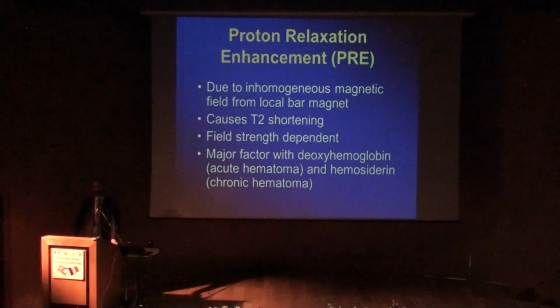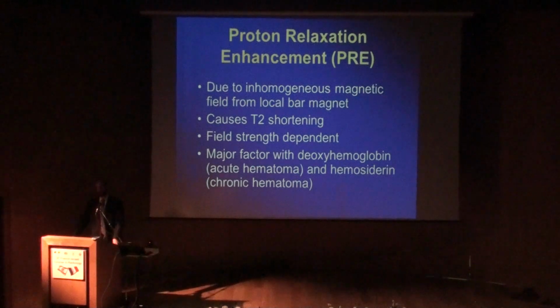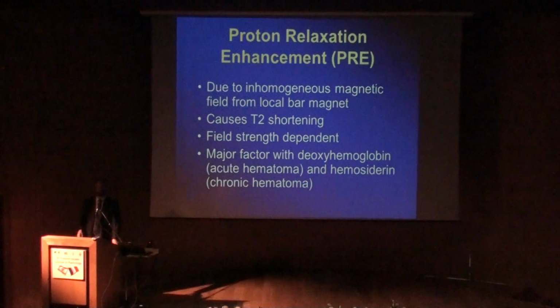When we talk about susceptibility-weighted imaging, we're emphasizing the importance of proton relaxation enhancement, which is a T2 shortening effect that we see with the presence of blood products, specifically deoxyhemoglobin and hemosiderin. And this is due to a local inhomogeneity due to the presence of those blood products in a focal area.